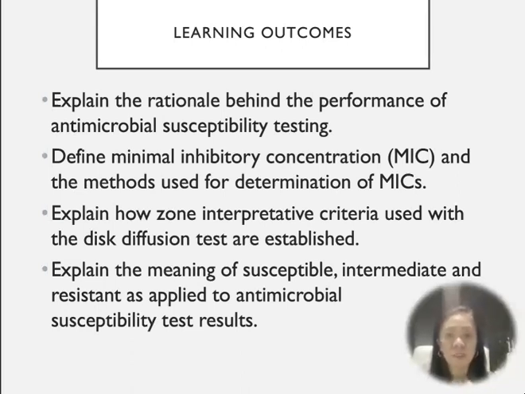What's the significance of finding out MICs and MBCs, to learn how to record or report zones of inhibition, and of course to explain the meaning of susceptible, intermediate, and resistant.